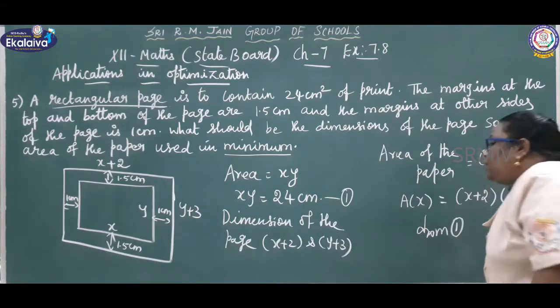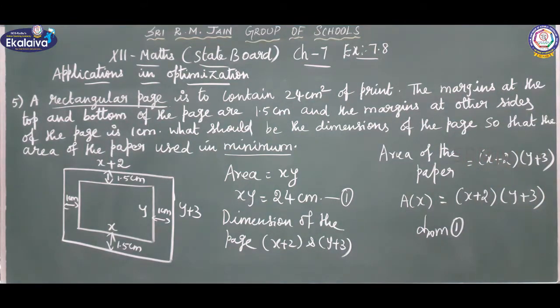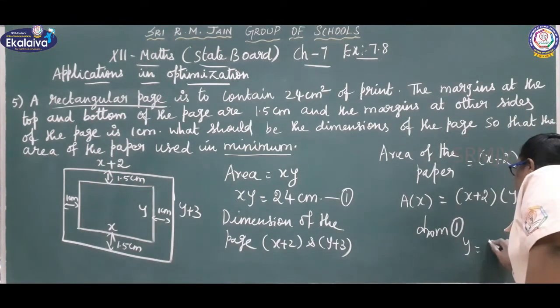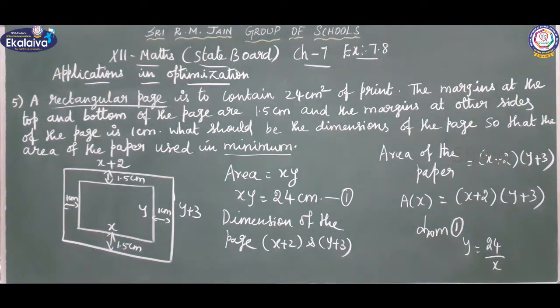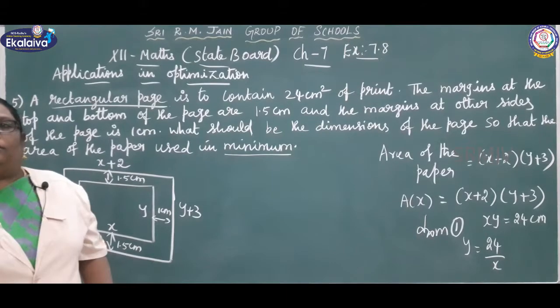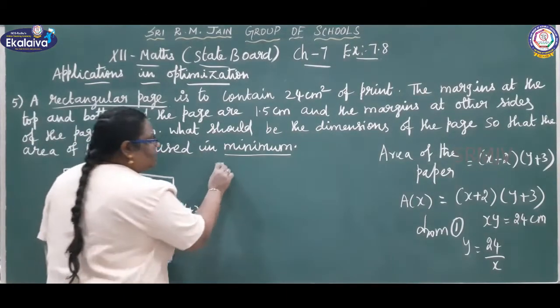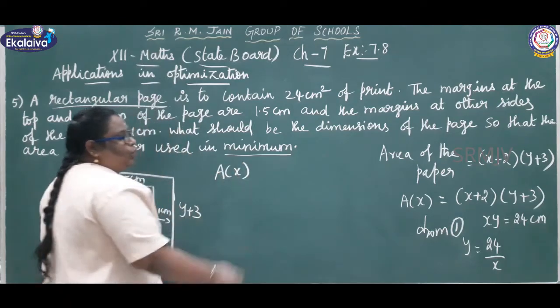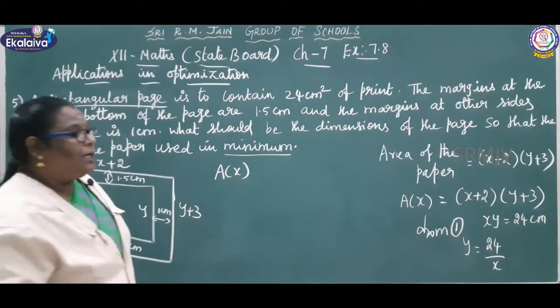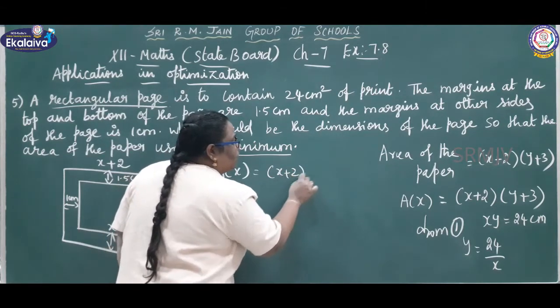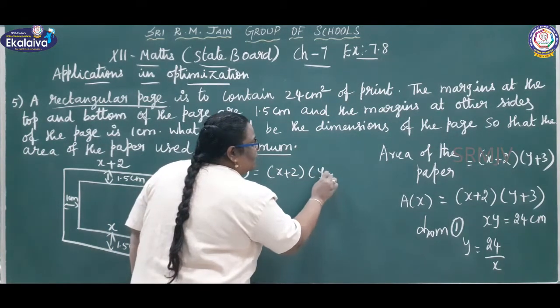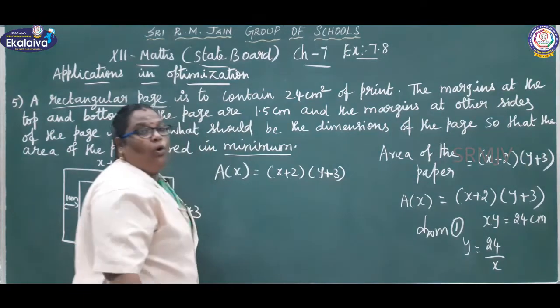From 1, xy equal to 24, so y equal to 24 by x. See, A of x, that is the area of the page, equals x plus 2 into y plus 3.